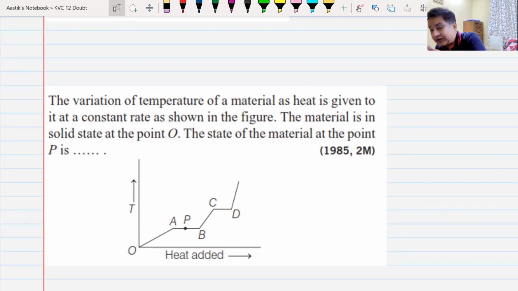If it is exactly at the middle, and again, it is a mathematical expression, you can't say half solid, half water. You will always say partly solid, partly liquid. Do we understand this? Yes, sir.